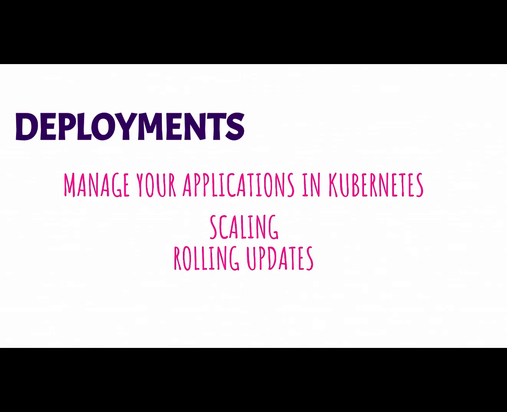Your rolling updates, it can update your applications to a new version without any downtime. It brings new pods online before taking the old ones offline. And your rollbacks. If a new version has a bug, the deployment can instantly revert to a previous stable version. This is the object you'll be using for almost all of your applications. So let's create one for our homework project.